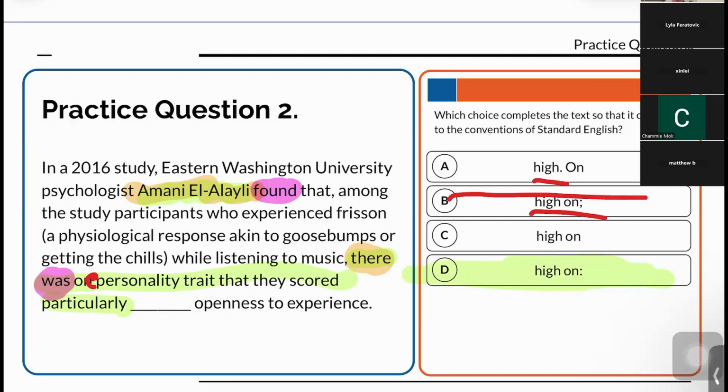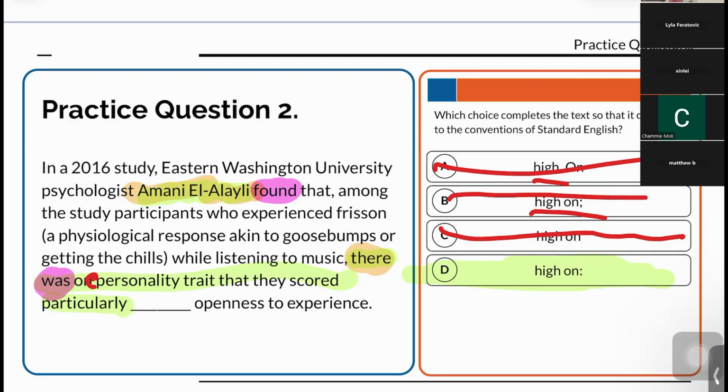Periods only work if there's an independent clause on both sides of the period. Openness to experience is not an independent clause. Cross that one out. And then, high on openness to experience, we need something to connect these two clauses, and no punctuation doesn't work either. So the colon is the winner here.